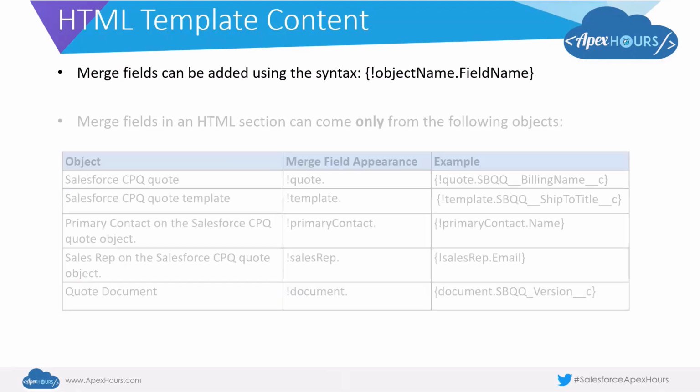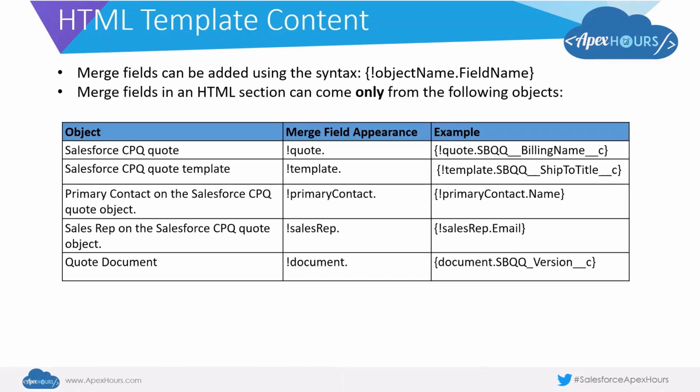There are five objects that we can source the data from in the HTML sections. With the HTML template content, we don't need the object's API name, but the shortened name that the document engine is expecting. So be careful about uppercase and lowercase when you give the object name, because Salesforce CPQ is a little fussy about that. And when it comes to the field name, we need the full API name.